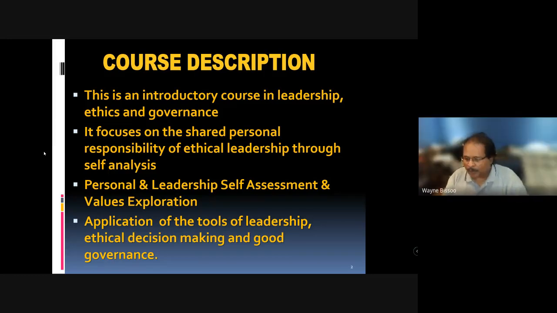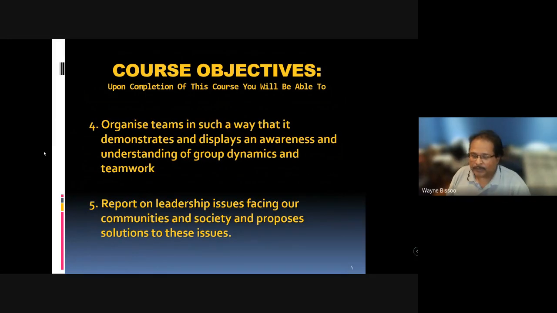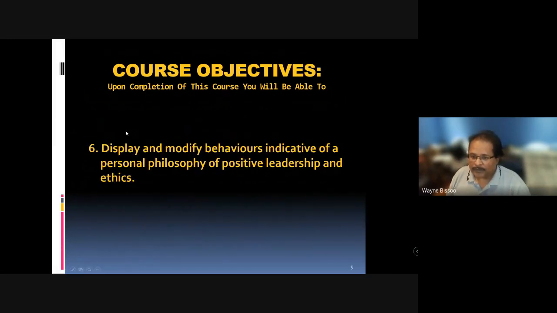And the one thing that I wanted to point out to you was, in terms of our learning objectives, we have a number of them here, but the one that we wanted to talk about more is the fact that we're looking at behavior modification here.